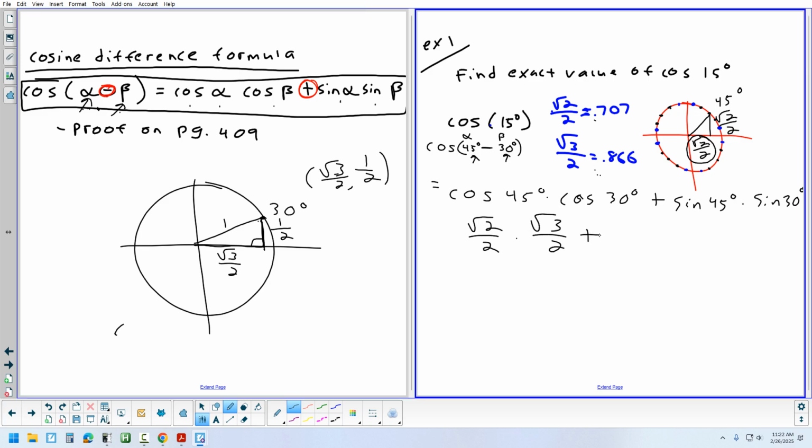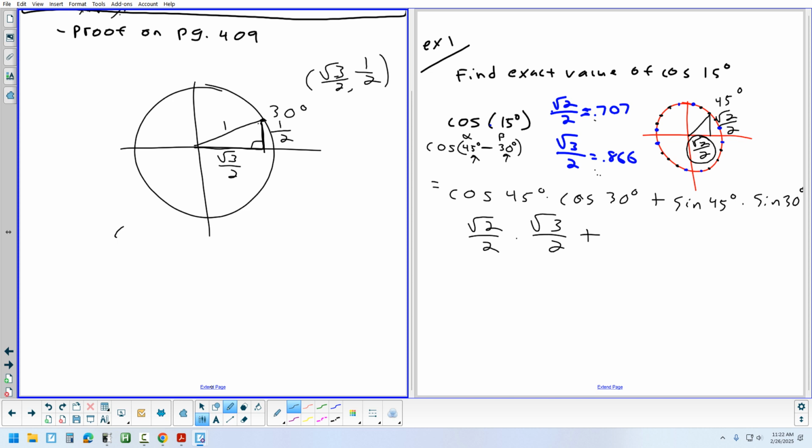All right. Now let's just try to remember the 45s. So 45 is right there. That's an isosceles triangle. How long was each leg in the 45, 45, 90? They were both square root of 2 over 2. And the first one they want to know is the sine.